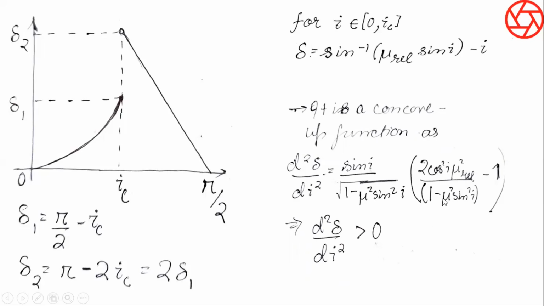Now here also, if you see, this is 2 and this one is less than 1. 2 divided by something which is less than 1 would increase the value of 2. No doubt this cos will reduce it a bit, but mu relative is again greater than 1. So anyway, this value is greater than 1, and the entire expression here is greater than 0. Thus, it's a concave up function.